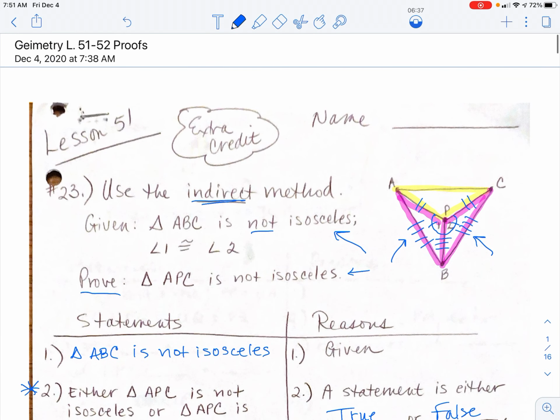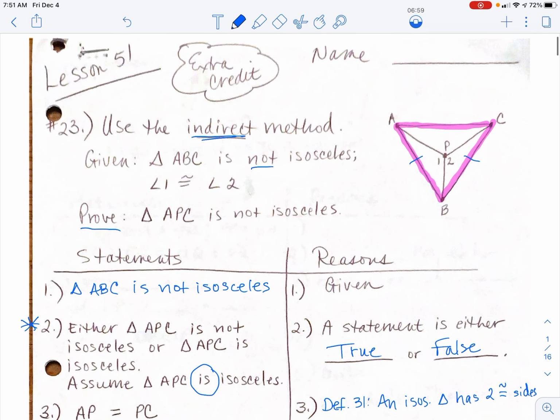All right, now look back. If AB and BC are congruent, and I'm going to erase all this stuff for a moment because I want to show you what has happened. Look what that tells us about this big triangle. Based on the route that we took, we have shown that we have an isosceles triangle because we have two sides congruent in that large pink triangle.